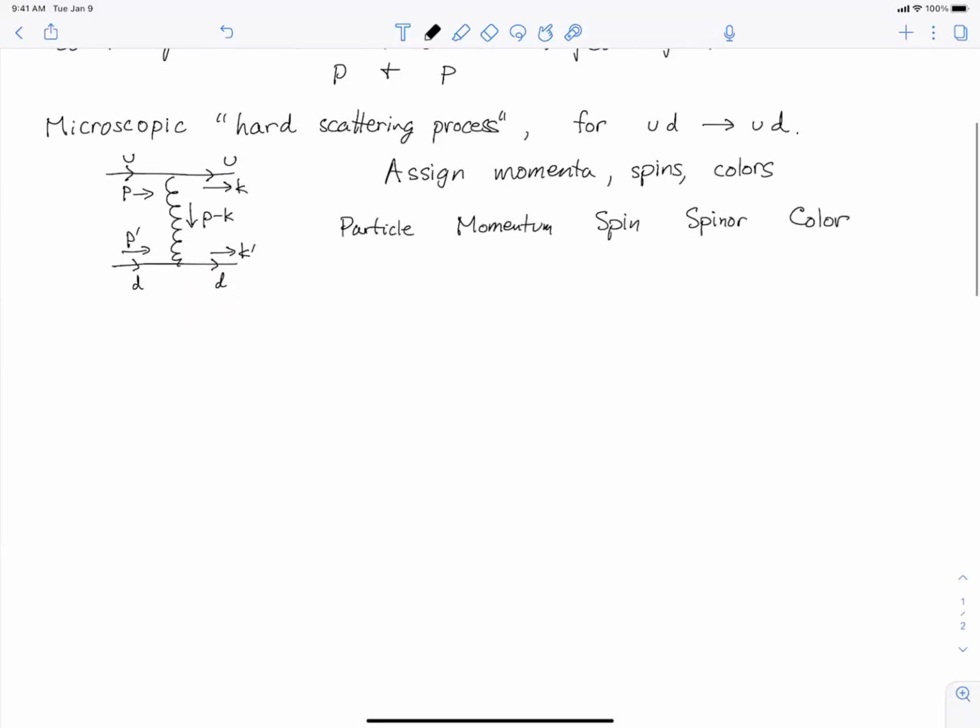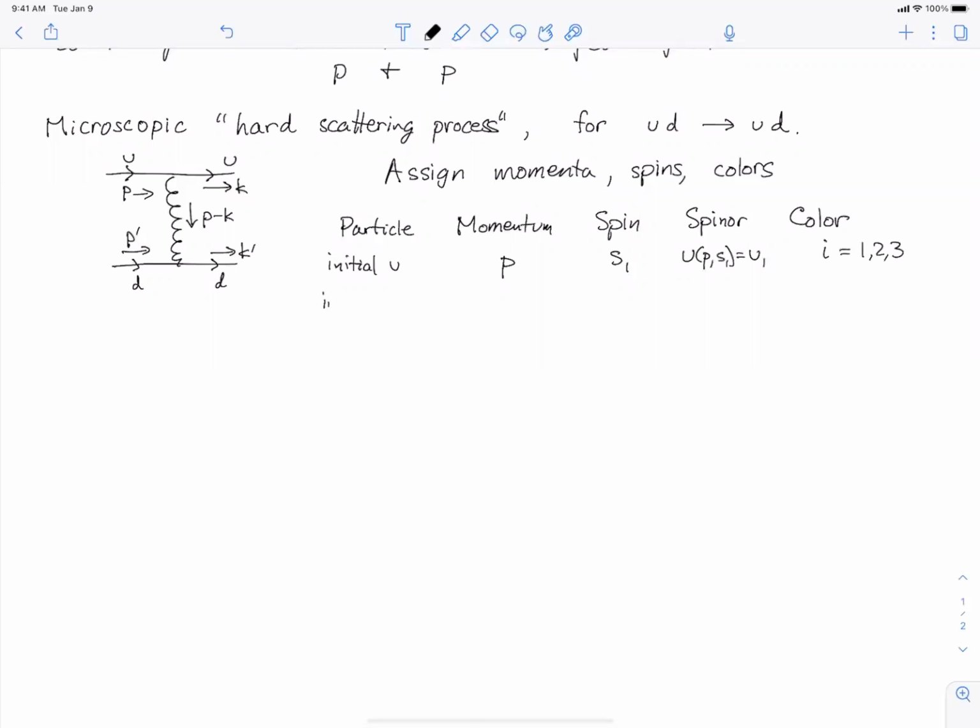Okay, so there's the initial up quark with momentum P, spin, I'm going to call it S1. The spinor is u(P,S1), but we're going to call that u1 for short. And then the color is i, which can be one of three things, but we're going to call it i.